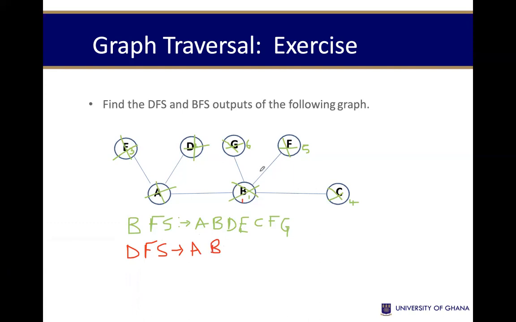At B, I need to also look for the next adjacent node of B, which is C. So this guy is gone. Now, when I'm at C, I check what adjacent node of C exists. No one. So I come to the next adjacent node of B, which in this case is F. So F now becomes number 3.